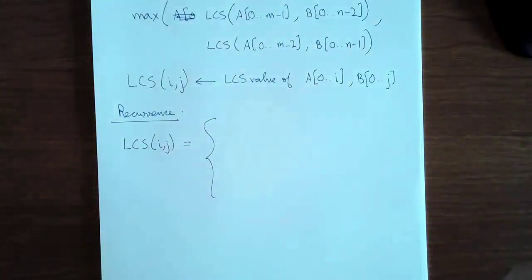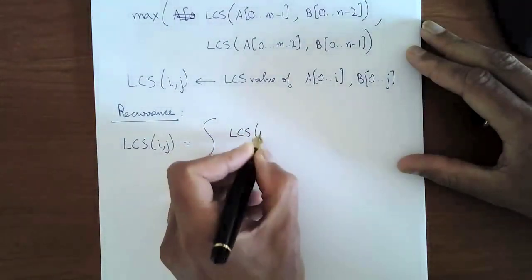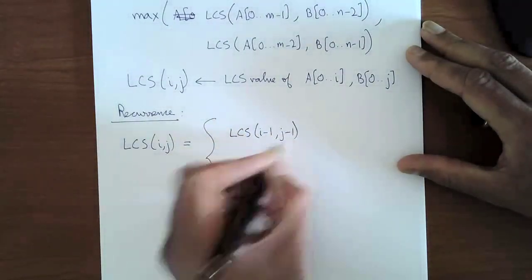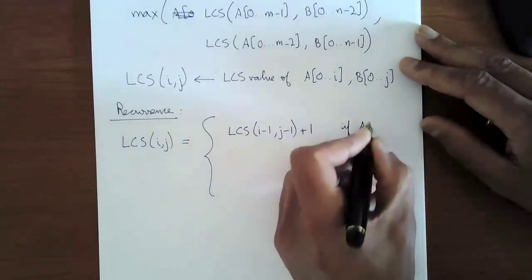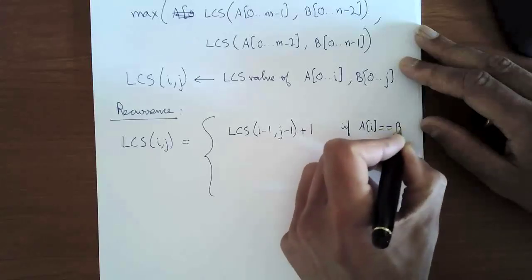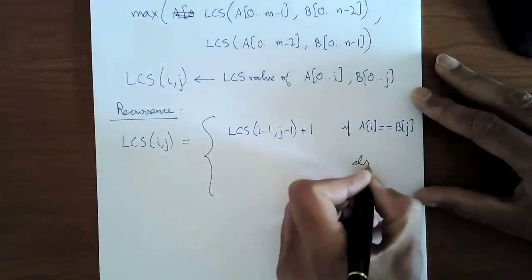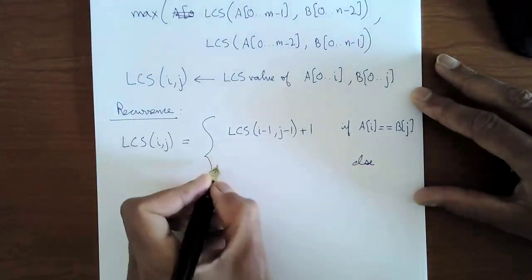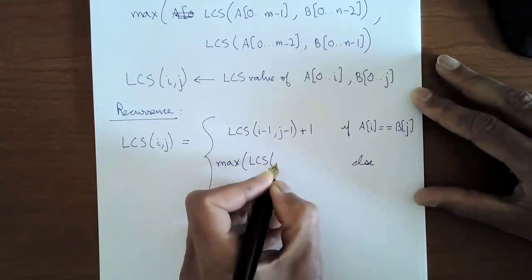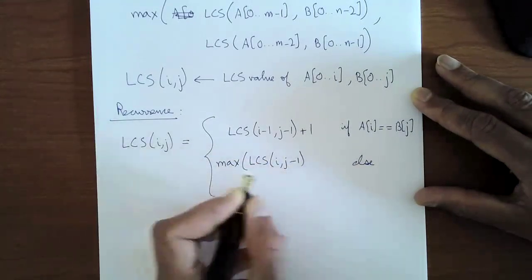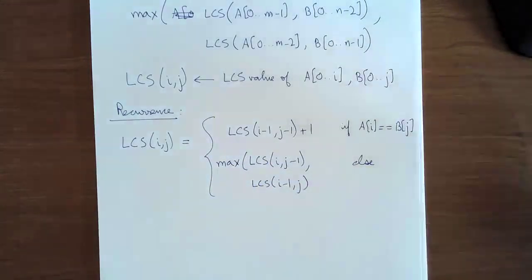I'll say this is just the LCS of i minus 1, j minus 1, plus 1 if A_i is the jth character of B. And otherwise, it's the max of LCS(i, j minus 1) or LCS(i minus 1, j).